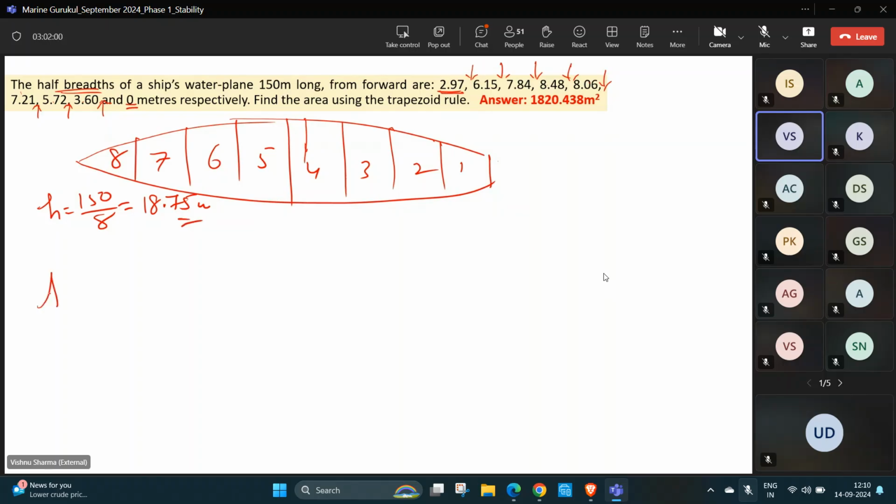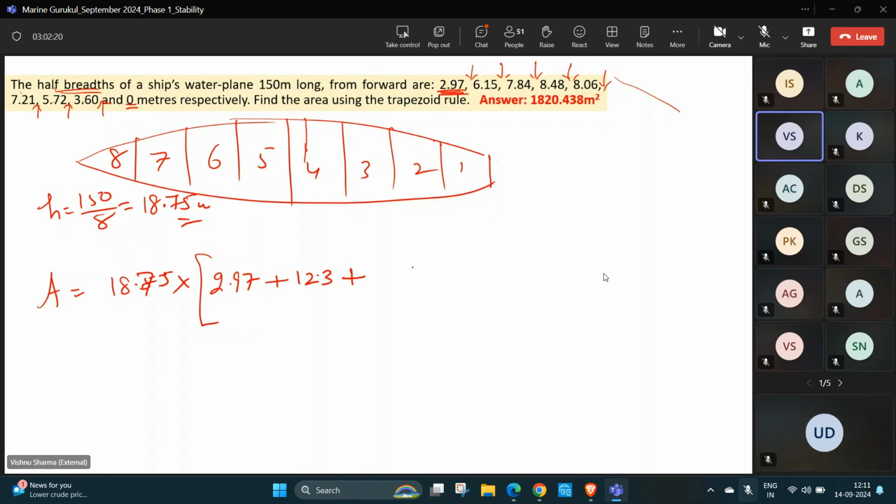So the area by trapezoidal rule will be 18.75 multiplied by the first ordinate half. This 2.97 is half only because these are half breadths, plus the full of the remaining. So that will become 12.3.